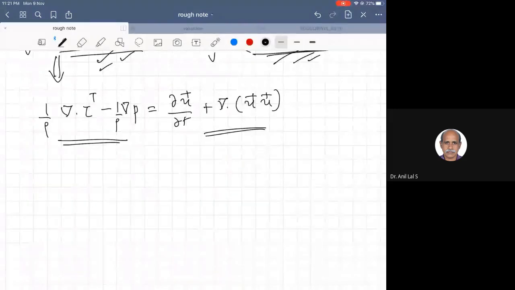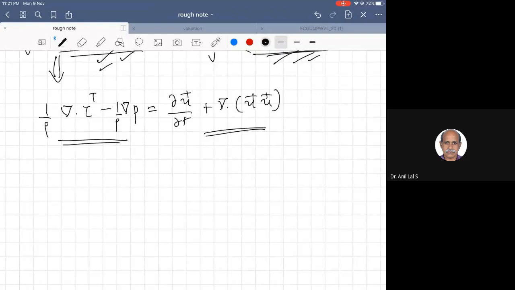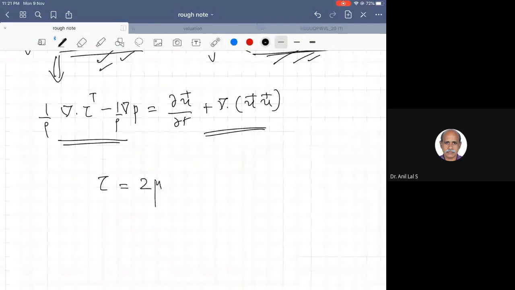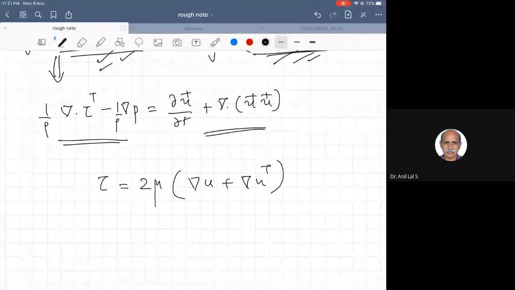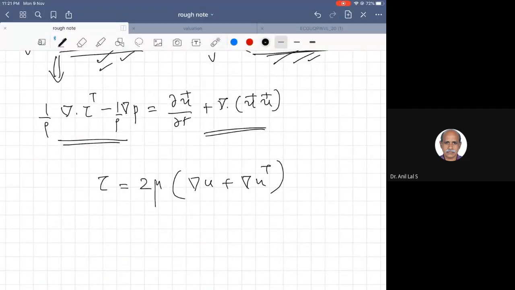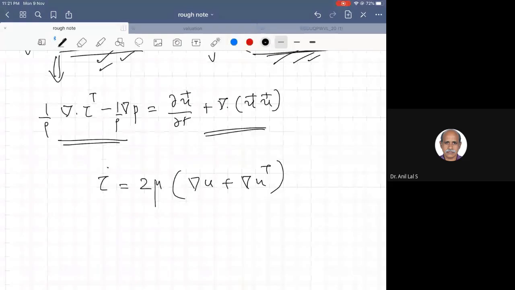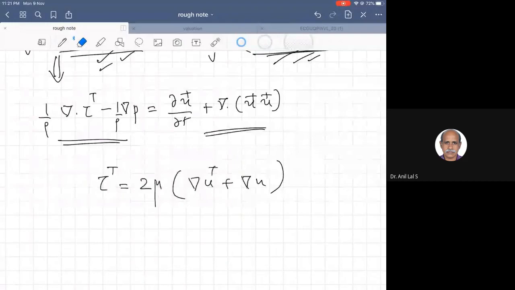Now, to finally derive the Navier-Stokes equation, we only need to substitute for tau transpose here, that is, use the Stokes relation. In the Stokes relation, tau is equal to mu into del u plus del u transpose. So tau transpose will be the same, because the transpose of this whole expression is the same as tau itself.